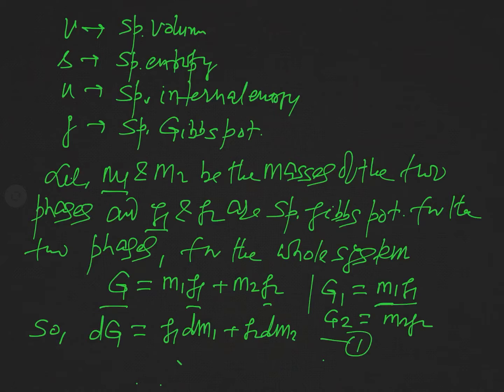Now, as I have told you, the first order phase transition takes place at constant pressure and temperature. So this is just an isothermal isobaric process.